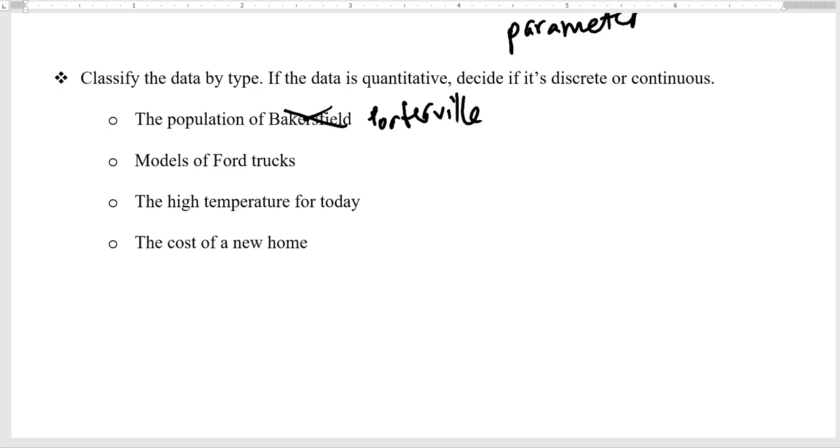Is there a meaningful zero? Now you're like, yeah, you can't have zero population. All right, then this is where I go, could you have twice as much, half as much? Could there be a place that has twice the population, half the population? If that is true, then that makes it rational. That also makes it quantitative.